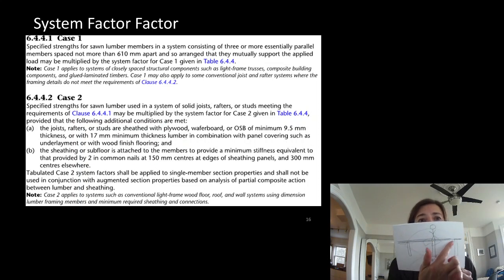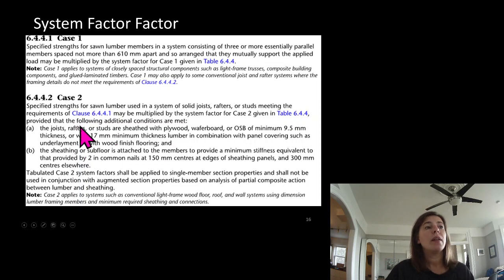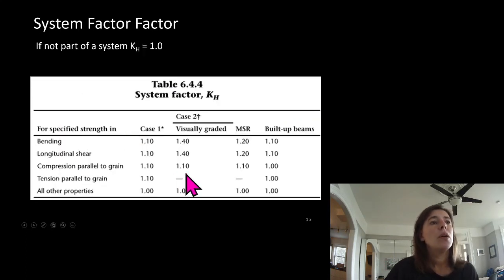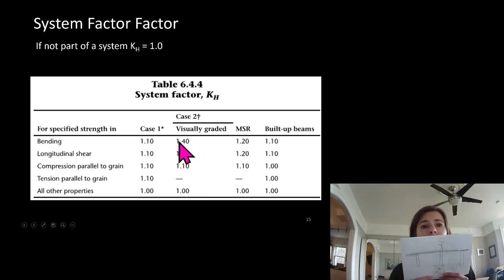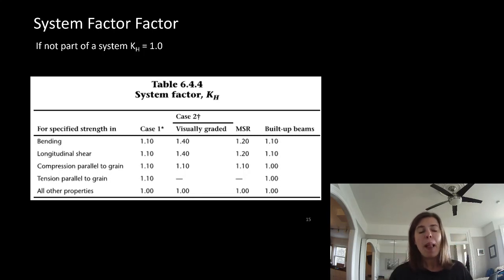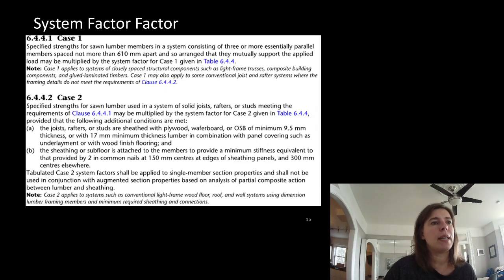We've got our plywood on our joists at 16 inches on center, means it's case 2, which means that for bending, we can increase our strength by 40%. So we're saying that we're getting 20% of this guy and 20% of that guy added into this one right here, just for free, because we've already built this system into it. We needed it. We didn't do anything extra, but once it's there, we might as well use it.